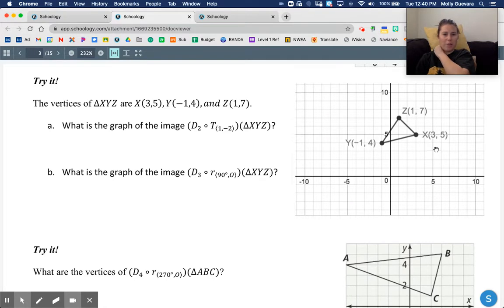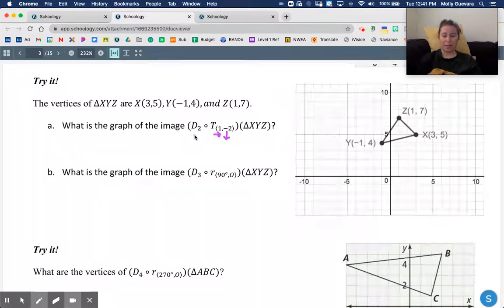What is the graph of the image XYZ translated to the right 1 down 2? So remember what that means. Right, to the right 1 and then down 2. And then dilated by a scale factor of 2. Remember, you do the translation first, then the dilation.